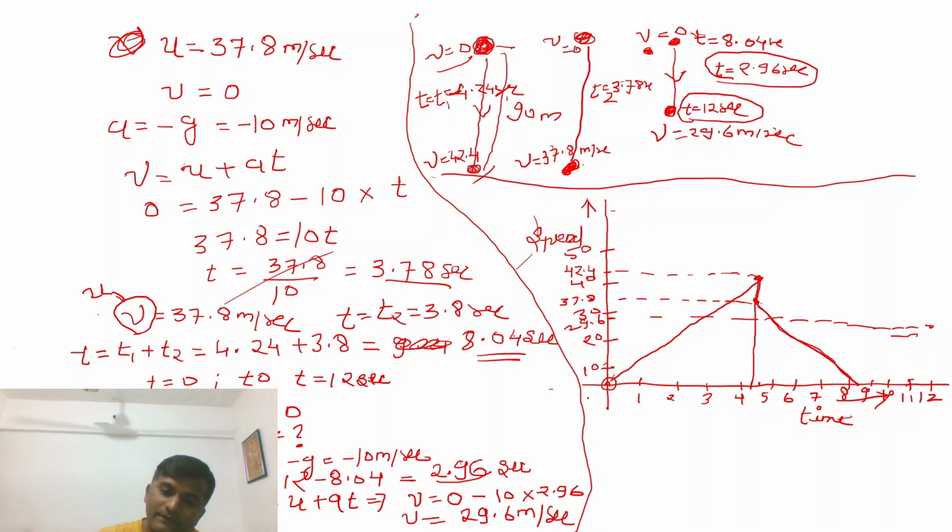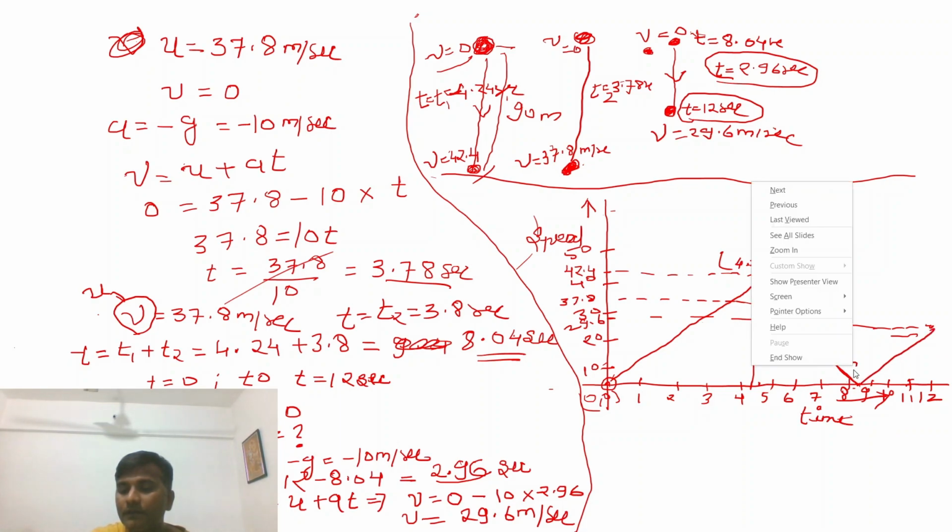So what will the coordinates be here? The coordinates here are 0, 0. Here, the x coordinate is 4.2 and the y coordinate is 42.4. And here the time is the same, 4.2, and the coordinate is 37.8 meter per second. And here, okay, wait a minute, this line is not wrong. What is the coordinate here?